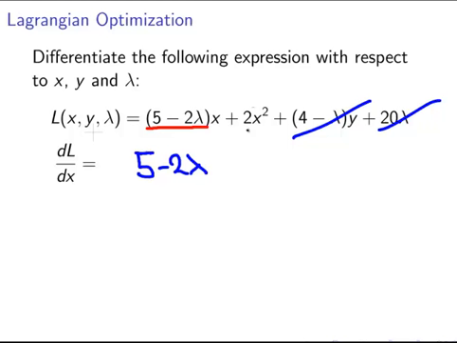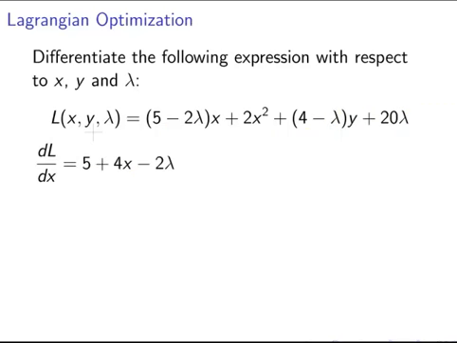For the term 2x squared, differentiating with respect to x, we get plus 4x. So that's the first expression we have to collect. Let's double check that. There it is again, slightly rearranged from the last slide.